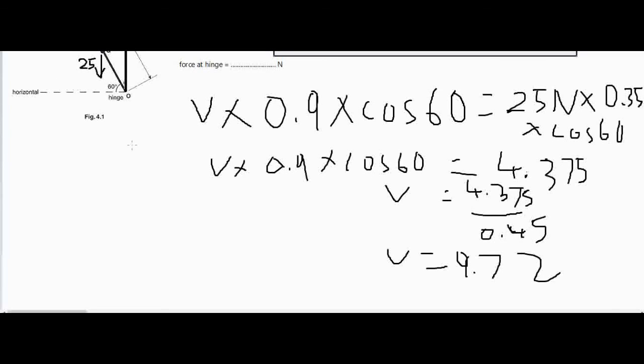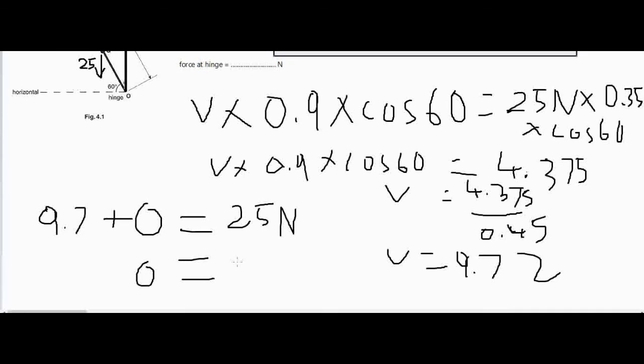So the force at V, which we know is 9.7, plus the force at O that we don't know, call it O, equals 25 newtons at G. Therefore, 25 minus 9.7 is equivalent to O. Therefore, O is equivalent to 15.3 newtons.